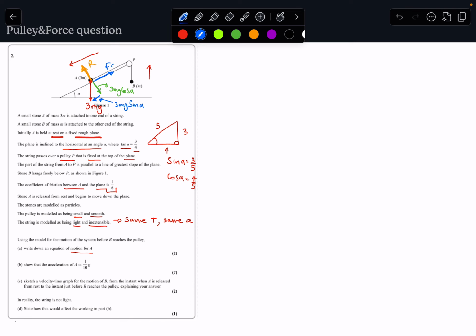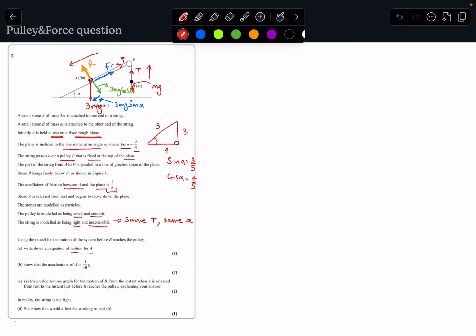So these are most of the forces I have. The only thing I'm missing now is the tension in the string. The same thing can be applied to the other side. I have the tension in the string there and the force pulling it downwards, which in this case is simply mg. So these are all the forces that I have to work with when solving the problem.